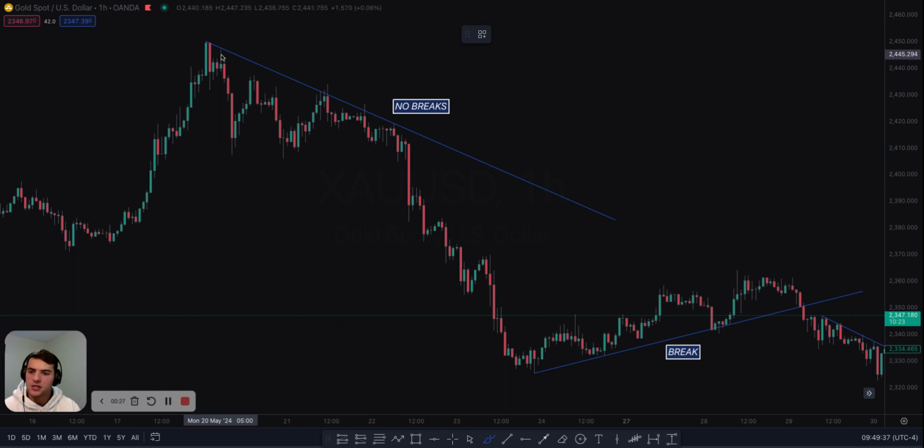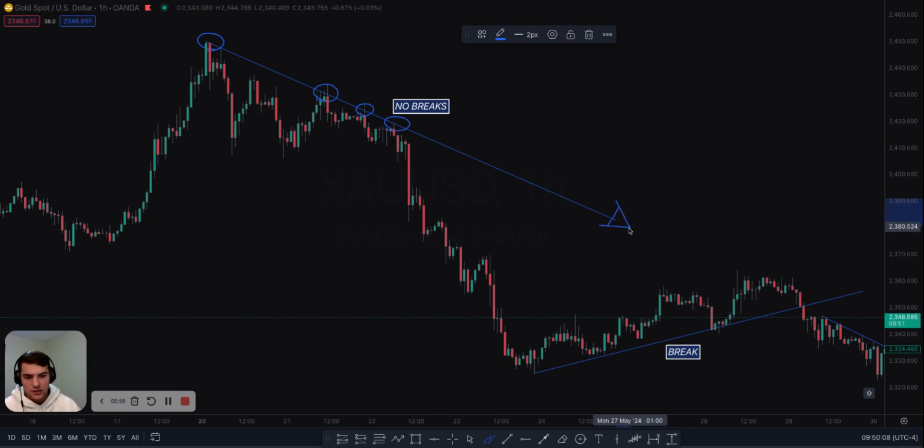So the trend line is basically an indicator of the trend, right? It helps you confirm where the direction of the market is going. So how do I start using it, right? I connect one dot to a second dot on the market, and then eventually, if price keeps hitting the same area, the same trend line, I know for a fact that price is going to keep going in the direction of the trend line, which in this case is down.